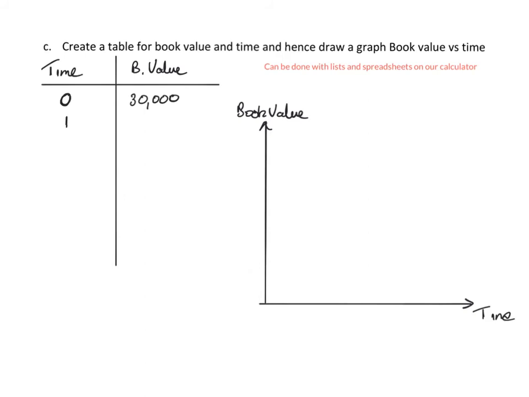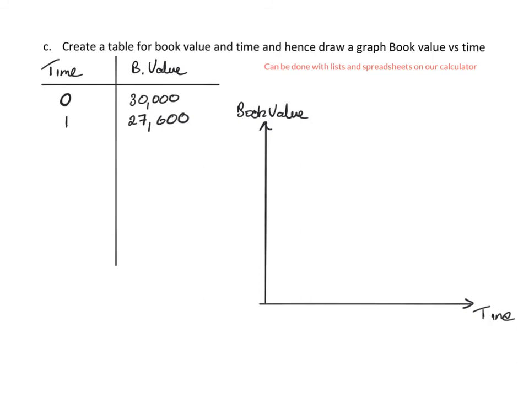After 1 year, it's depreciated $2,400. So it's $30,000, take away $2,400, which gives us $27,600.